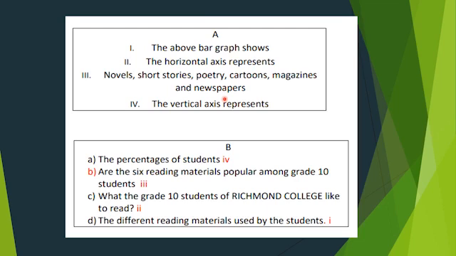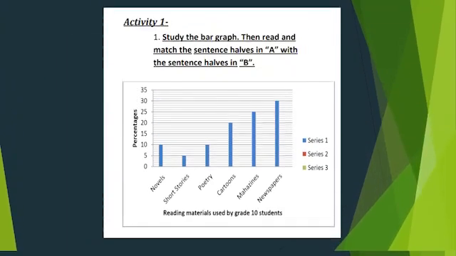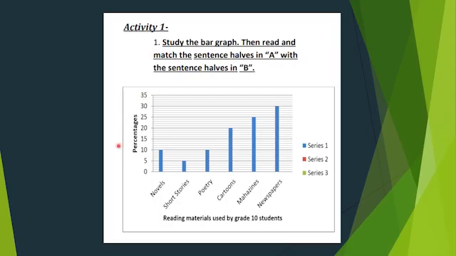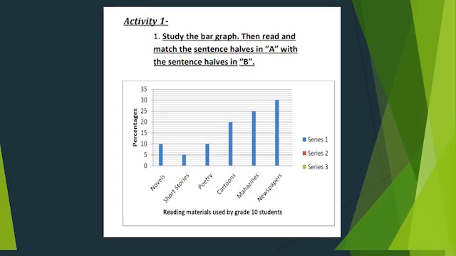Let's recall what you should write at the first stage. First, you must explain what the graph shows, then explain two axes. Next, mention the categories.